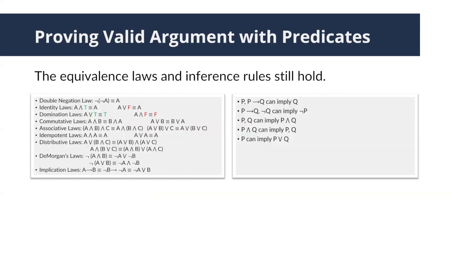First of all, the equivalence laws and the inference rules we learned from propositional logic still hold here. However, those laws and inference rules are not enough. Therefore, next, I'm going to introduce 4 more inference rules specifically for predicate logic.